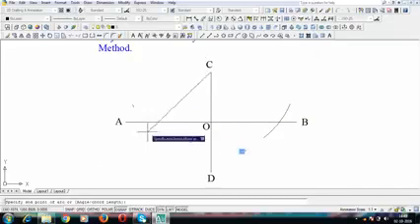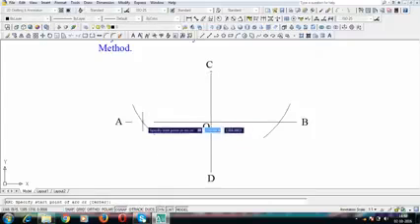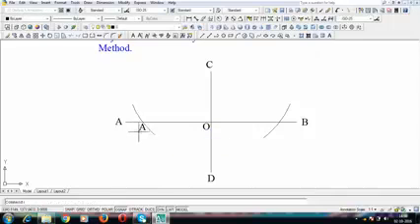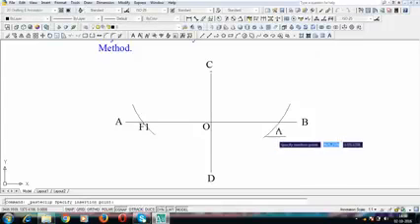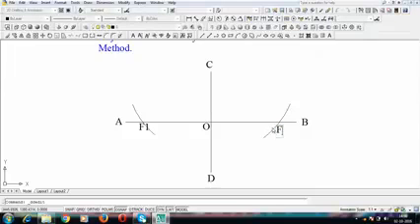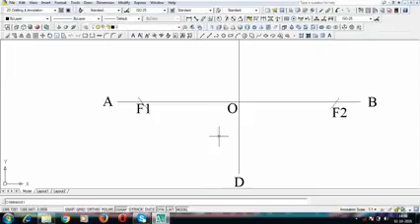Then again we need to put an arc. So this intersection with this horizontal line is what you call F1. I'll write over here F1, and this over here is precisely what I'll call F2.